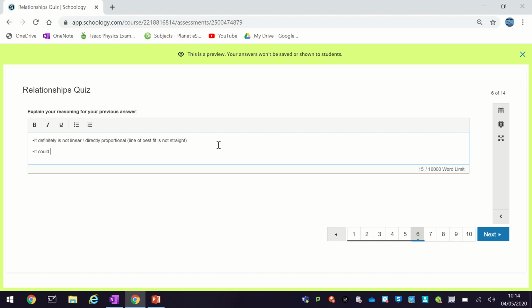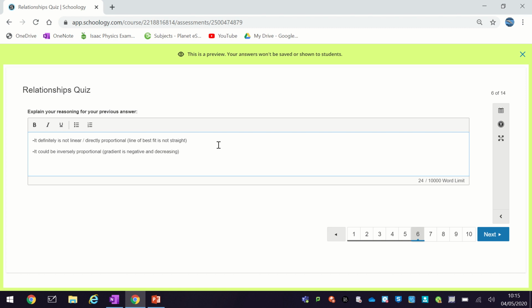And so it could be inversely proportional, and the reason for that is the gradient is negative and decreasing, but there is not enough information. We need to check that the independent times the dependent is a constant. So that's the information we need there.